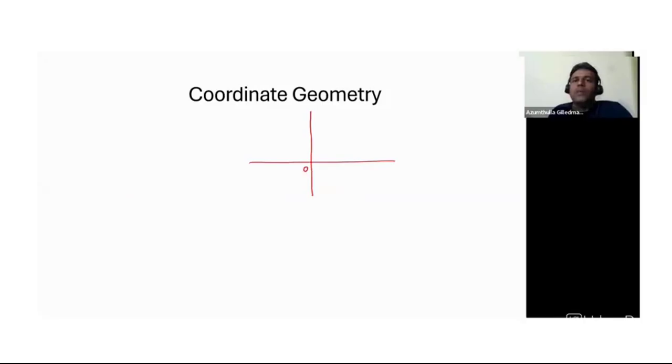Now, for any point, I need a generic formula which can be used to find the distance between 2 points. Let's say I have this point A, which is x1 comma y1, and similarly point B, that is x2 comma y2. So this distance I need to find.